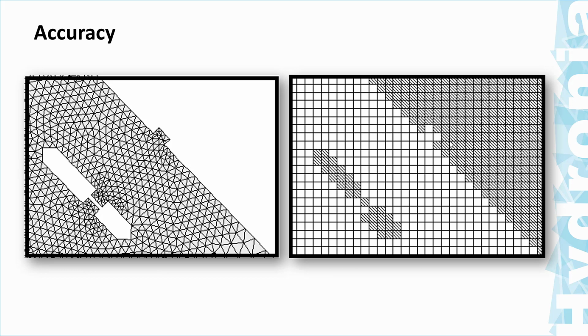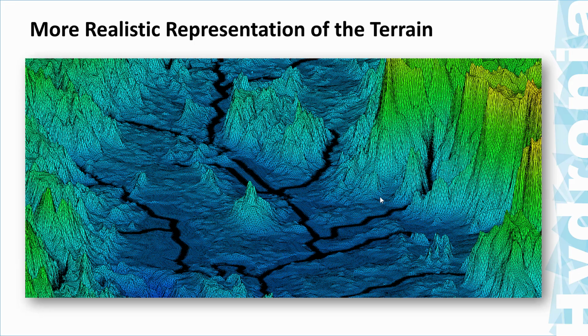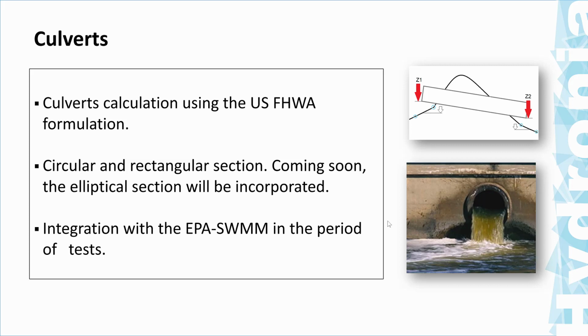Also, the accuracy is obvious when you look at a detail here. If you want to look at the flow in this area and see how the flow interacts with this boundary, it would be very difficult to replicate that with this type of grid. So in general terms, the 2D flexible mesh is much more realistic to represent irregular terrain. And that's one of the reasons that we use that in Hydrobead flood.